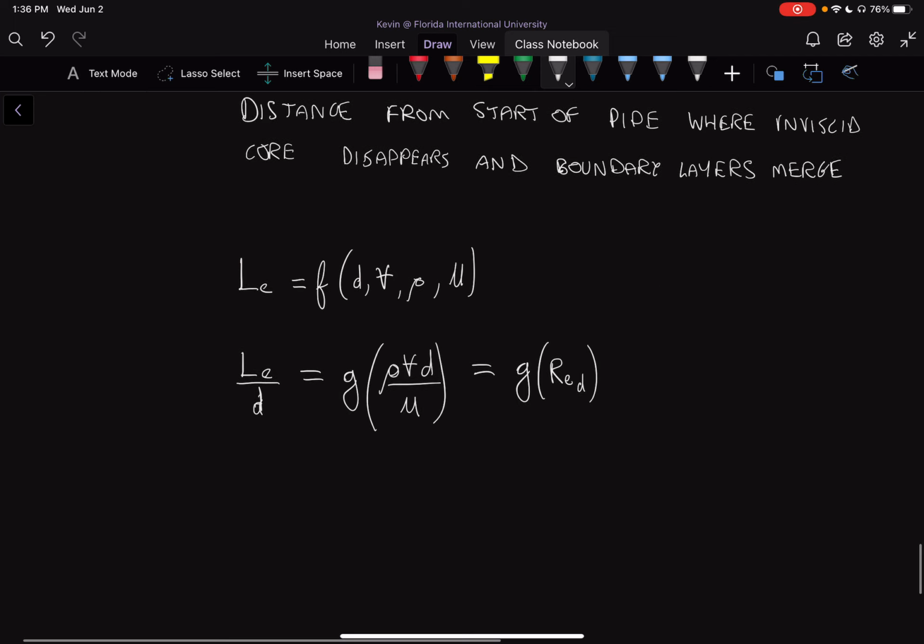And it turns out that the function for laminar flow, so if we have laminar flow coming in, with a Reynolds number that's laminar, we get from experimentation that L_E over D is approximately equal to 0.06 Re_D. So essentially our function g is 0.06 multiplied by Reynolds number.